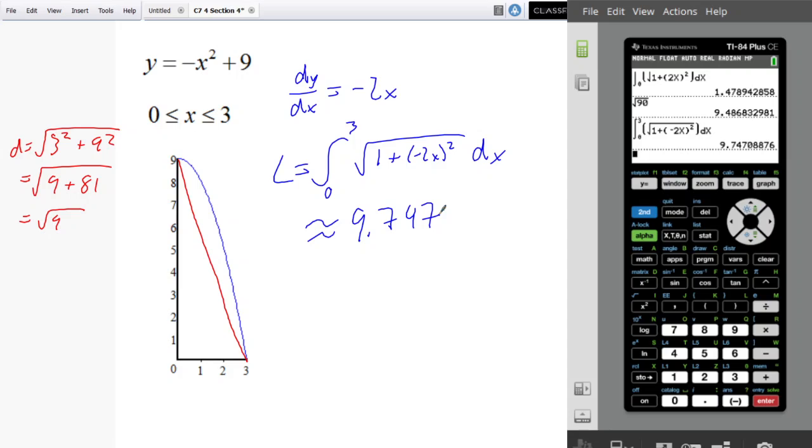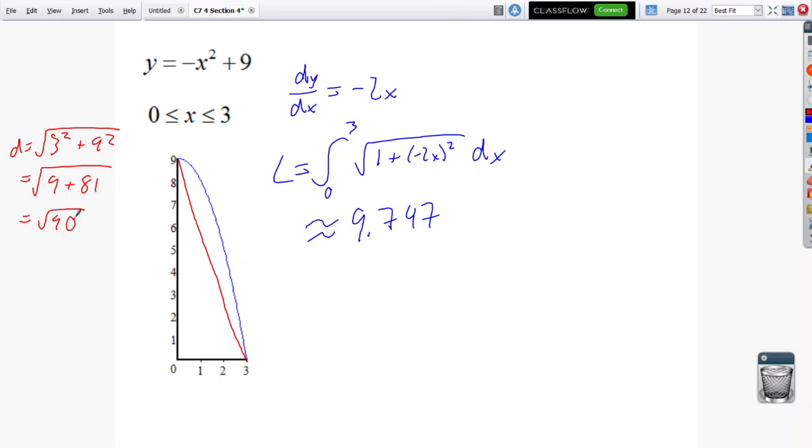And again, we know that that is reasonable because over here we had the square root of 90, which, you can see it's on my screen now, is a little bit less than 9.5. So 9.747 makes sense. It is reasonable. Again, you don't have to check the linear distance, but it allows you to see if your answer is completely dumb.